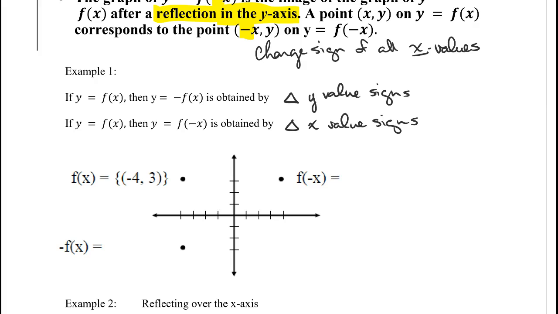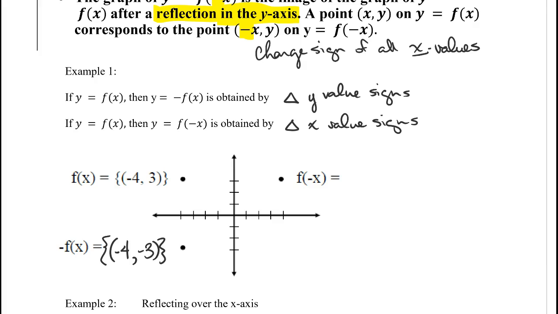So we see this in our parent function being f(x) is at (-4, 3). By taking the negative version of our parent function, we're going to change our y value. And so my coordinates then become, we're just writing this as a set, the set is one single point. My x value doesn't change because I'm not impacting x. I'm not affecting my inside of my function. I'm only affecting the outside of my function, which is my output or my y value. And so that is what becomes negative.